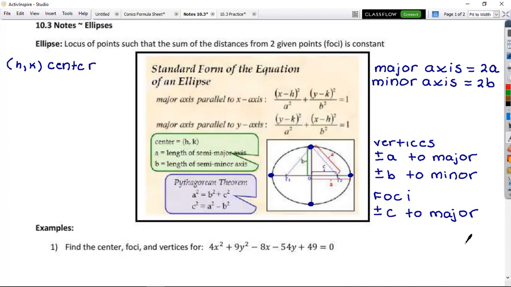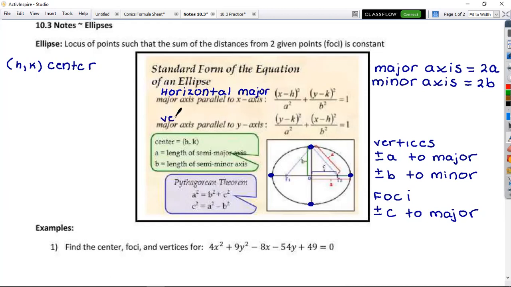The first equation is when our major axis is parallel to the X. So this is the one that is the horizontal major. And that's the equation you use for that one. So this is a horizontal major. And then my other equation is my vertical major.